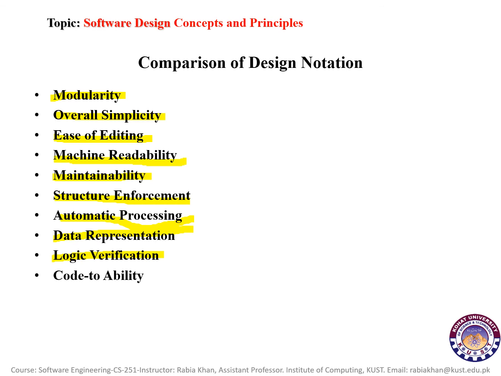Well, the last comparison factor is codeability. The software engineering task that follows component level design is code generation. So after designing, the next phase is code generation. Notations that may be converted easily to source code reduce effort and error. It helps in reducing the errors being generated and also reduces the time and effort of the developer.